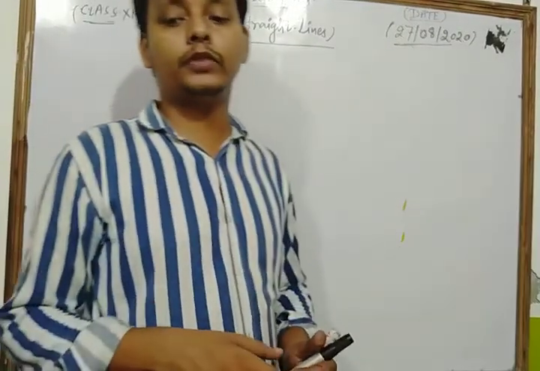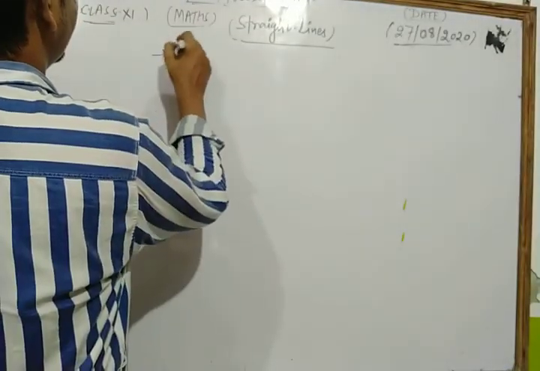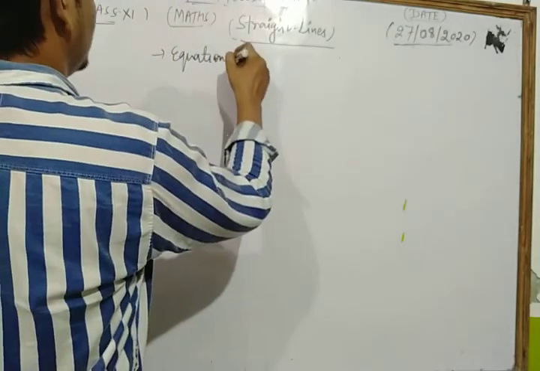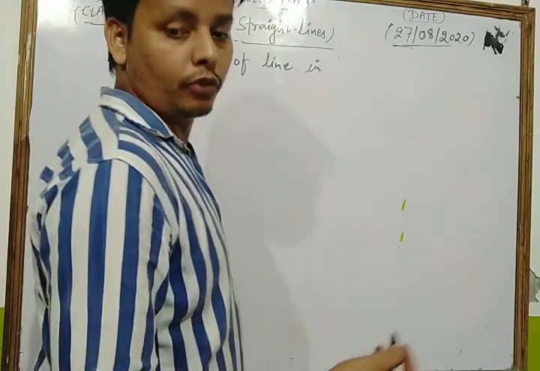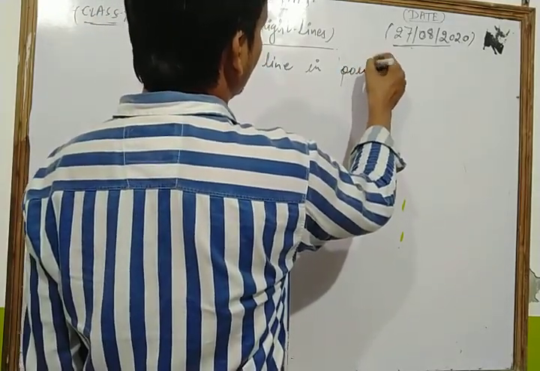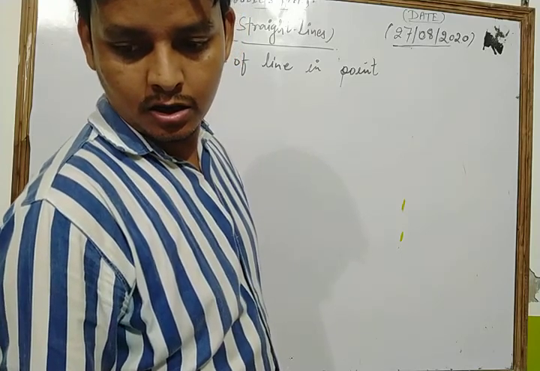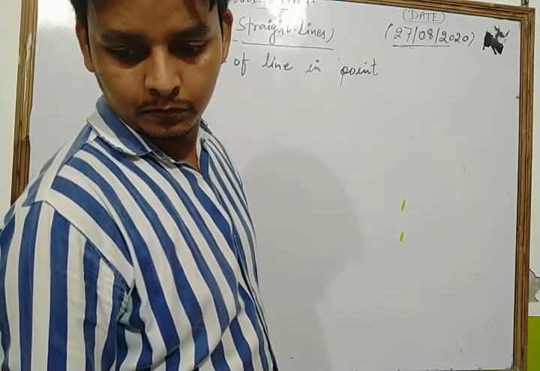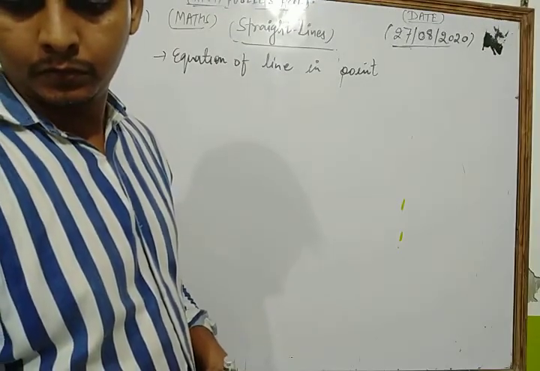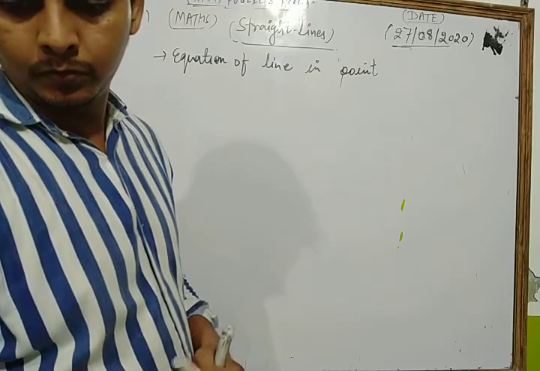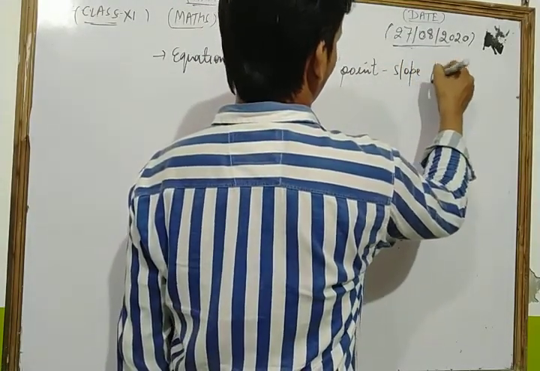Now we discuss another form of the equation of a line, the point slope form.